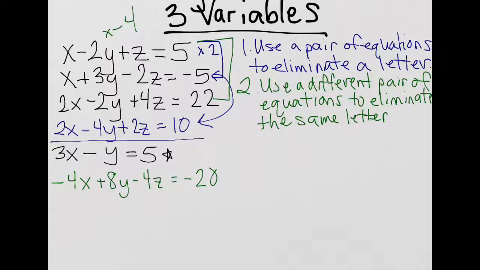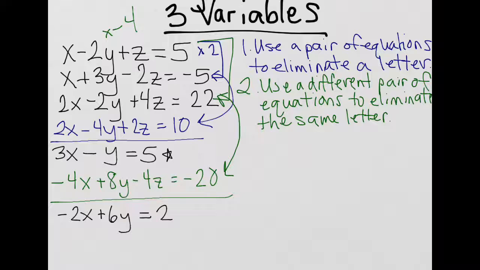Okay, so I am going to add the last of the original equations to my new equation. And when we add those up, we will get -2x and 6y, and then the z's cancel, and that'll just equal 2. There's my second equation that I'm going to use.